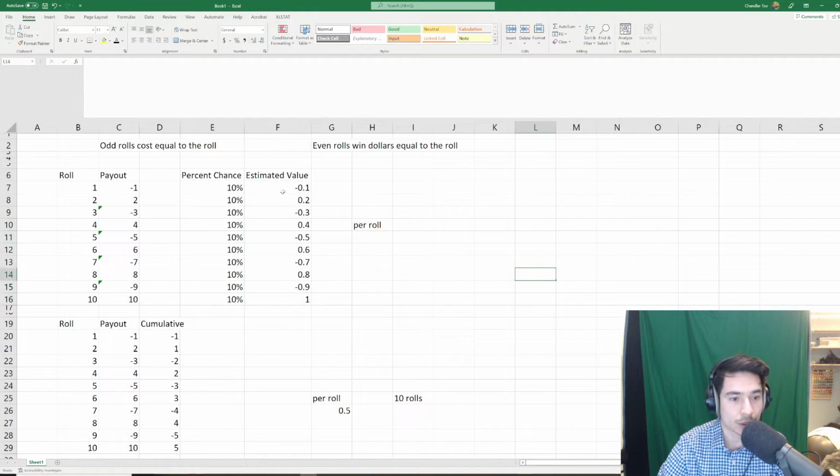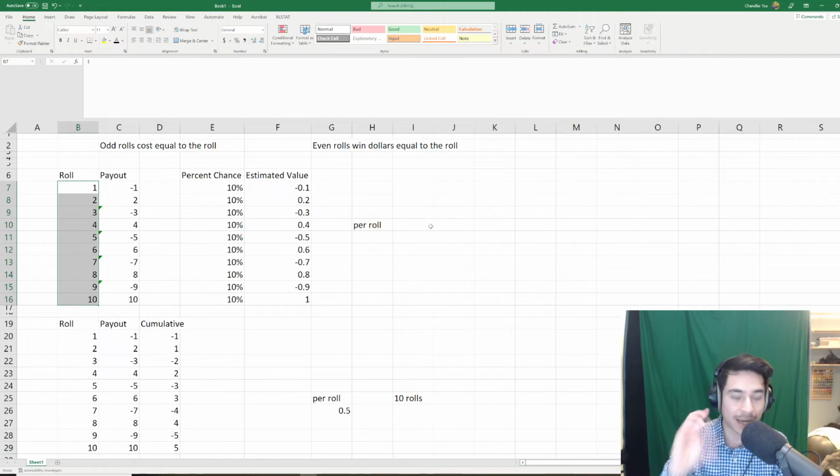And these are your expected or estimated value of all of this, right? Outcome times percentage. So then to get an understanding of what you're going to earn per roll, we estimated how much each payout is from each roll. We need to understand what the value on your average roll is going to be.